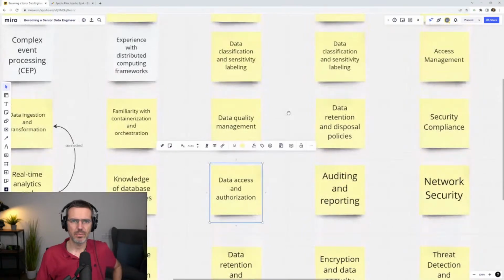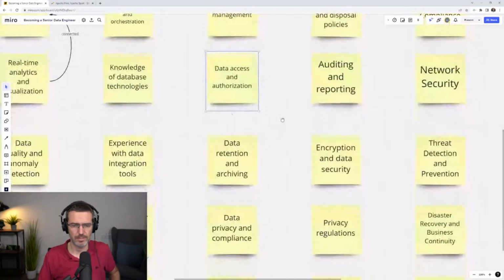It's a bit like what we said here, classification and sensitivity. How can you add ways of limiting or managing the data access and the authorization for the users? Very, very important topic.